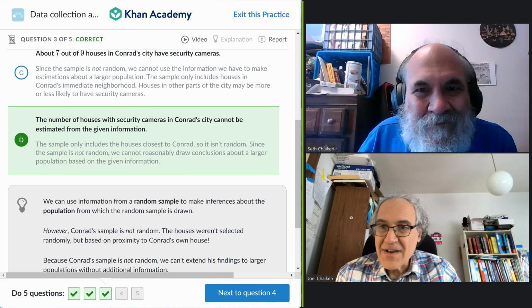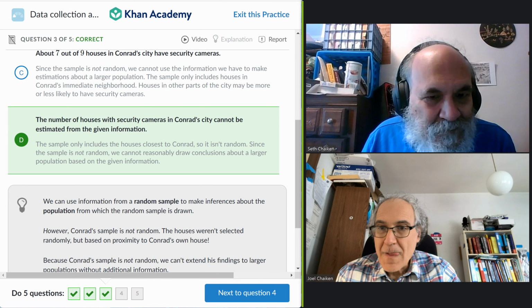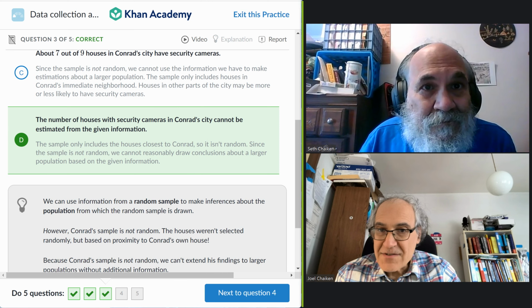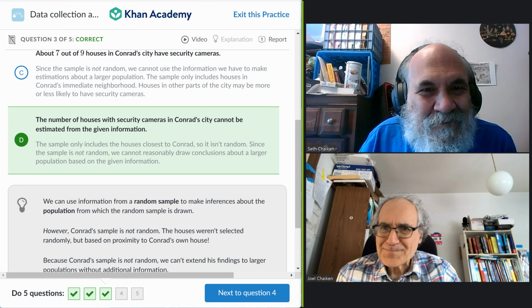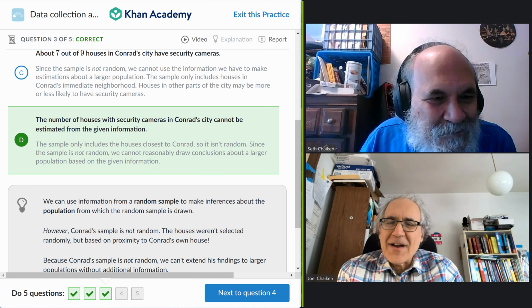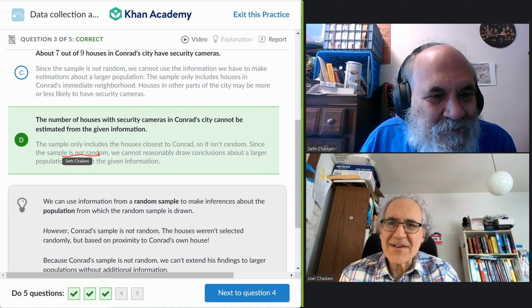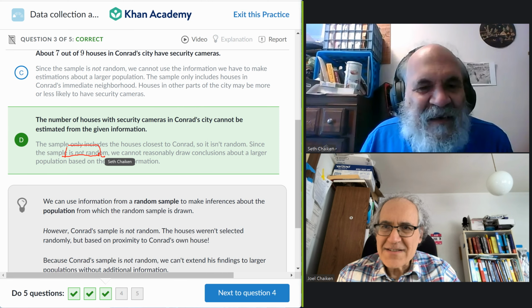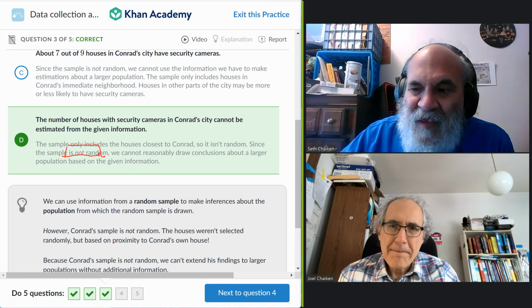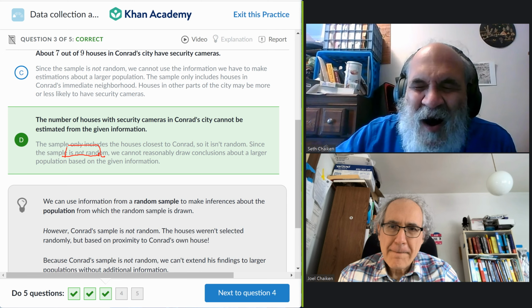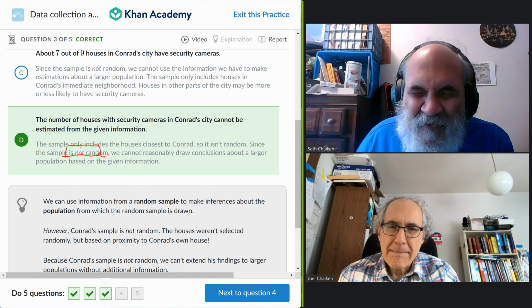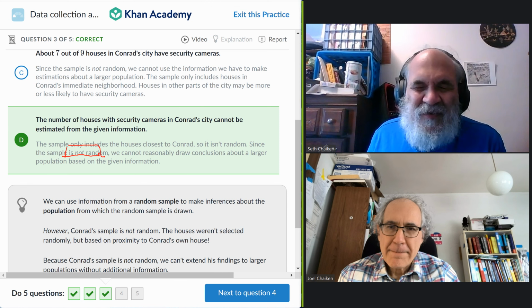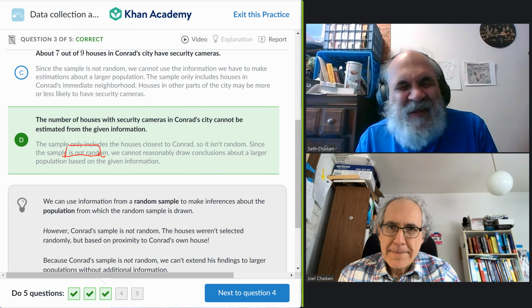Since the sample is not random, C, we cannot use the information. The sample only includes houses. Okay, fine. Again, it's a best of a best. Their explanation to C seems to have the same reason: from the information written in the problem, the sample is not random.